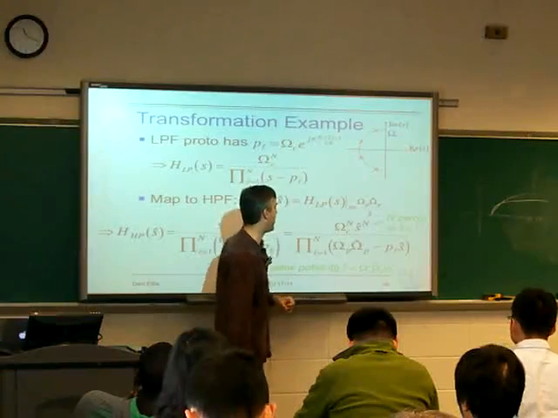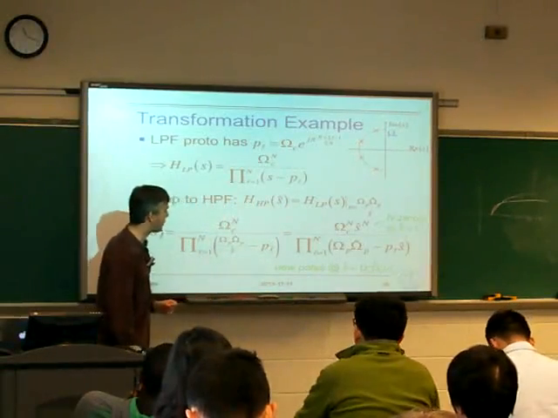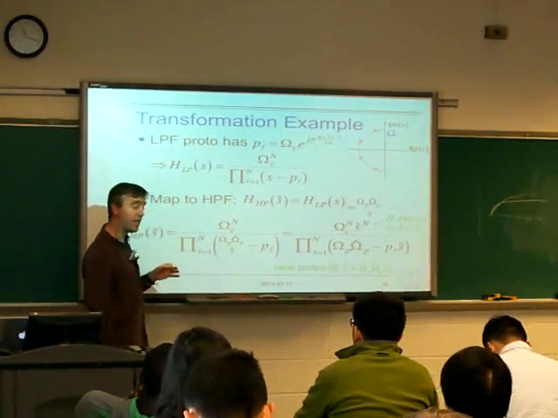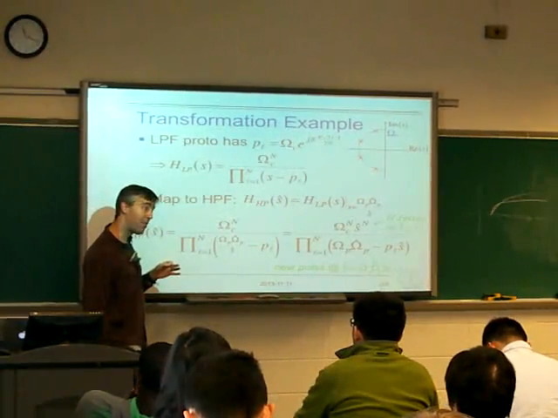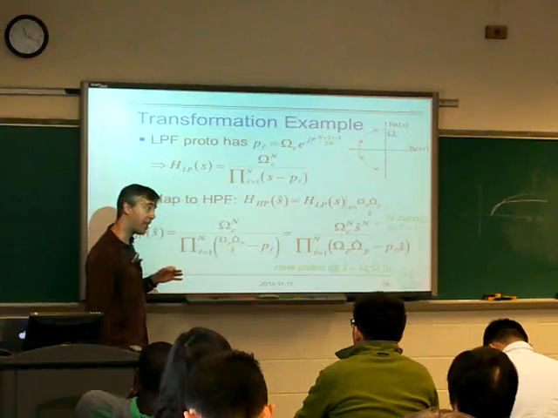We also get this nth order zero on top, which makes sense. We're building a high-pass filter.